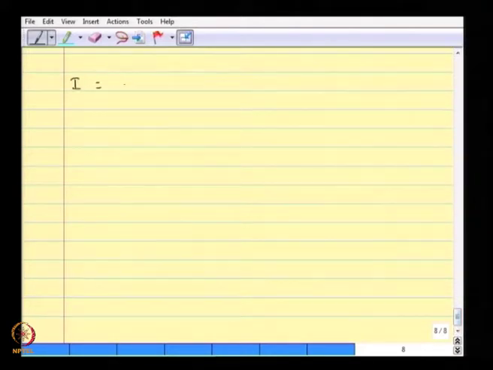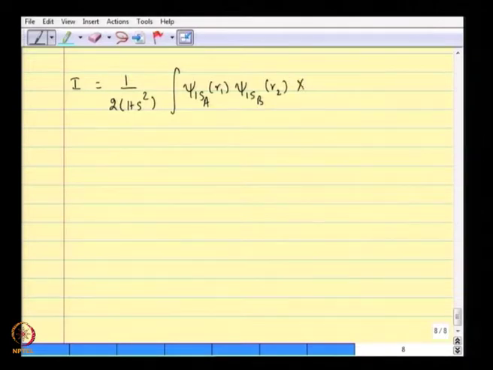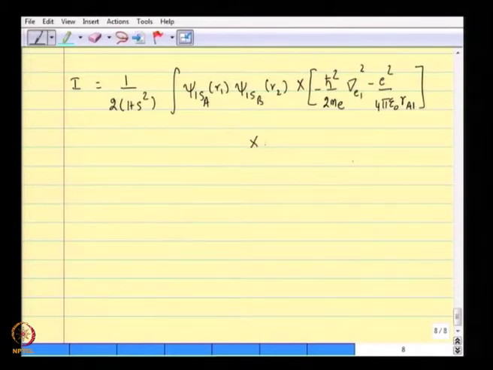What I call term 1 is this integral: 1 by 2 into 1 plus S squared, integral of psi 1s A(r1) psi 1s B(r2) multiplied by the Hamiltonian operator, minus h bar squared by 2 m e del 1 squared minus e squared by 4 pi epsilon naught r A1, acting on the wave function psi 1s A(r1) psi 1s B(r2), d r1 d r2.